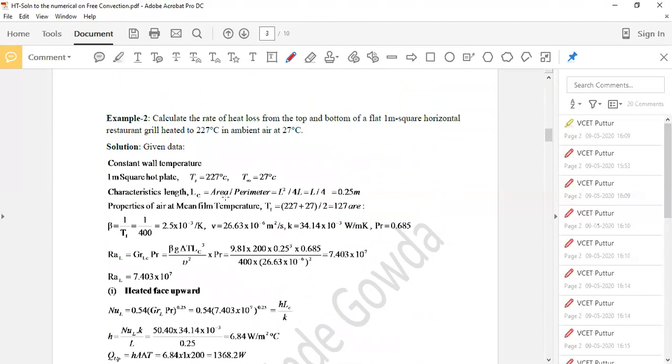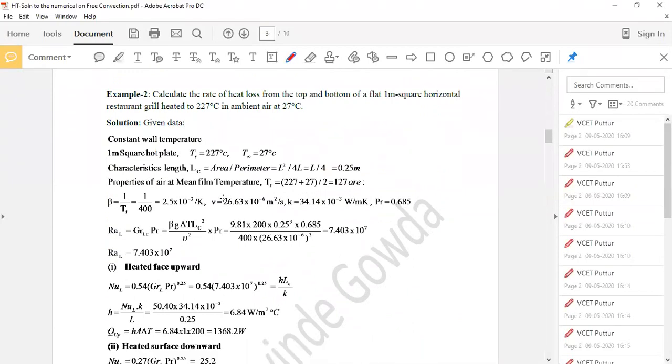So now, example 2, which will tell how the free convection heat transfer coefficient and heat loss are calculated if the plate is horizontal.